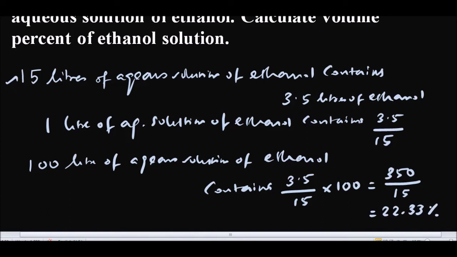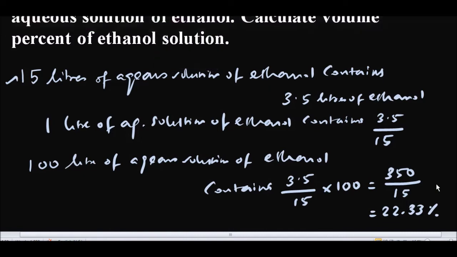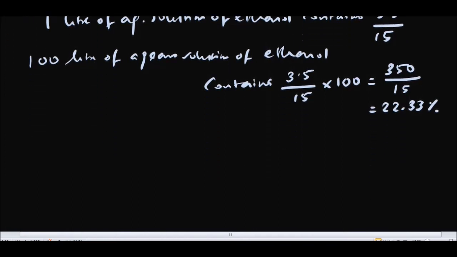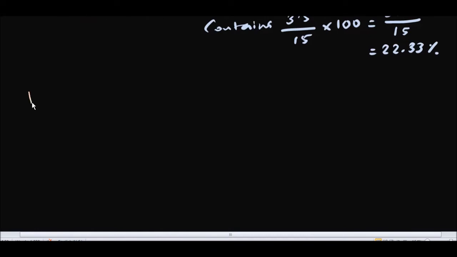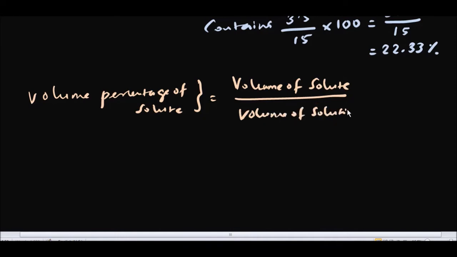Otherwise, we can go with the formula method. By using the following formula, the same problem can be solved. That's also very simple. The alternate idea is that we can take the volume percentage of solute, that is equal to volume of the solute what is given there by volume of solution, multiplied by 100.